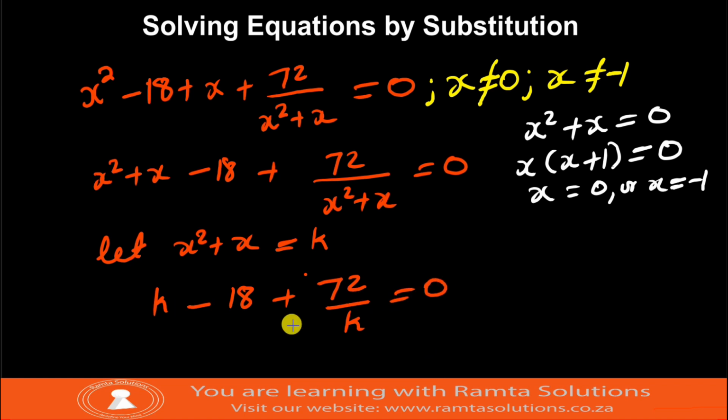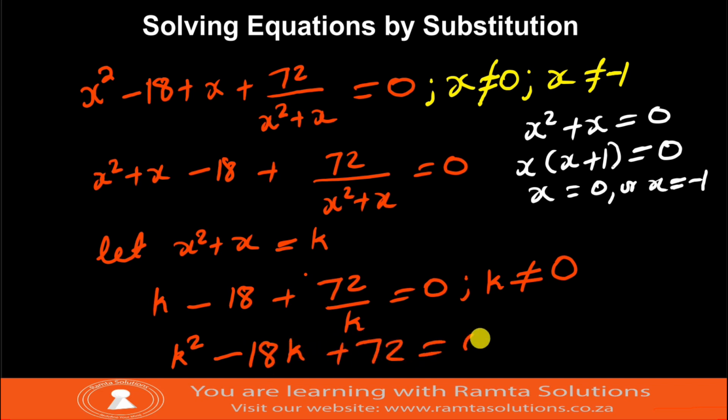Now even in this equation, remember the denominator should not be 0. So this means k should not be 0. Now for further simplification, I will multiply by k throughout, and this will be k squared minus 18k plus 72 equals 0.